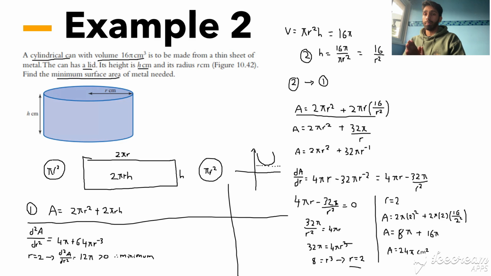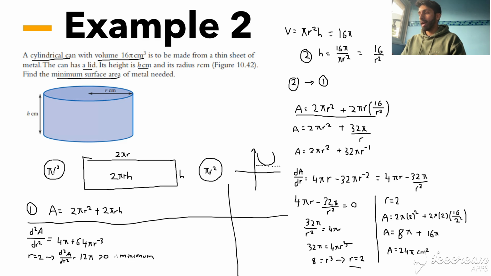I hope this video has been useful. I think applying differentiation is probably one of the trickier parts of maths and what a lot of students struggle with, but it is just practice. I just want to point out that there are a few key steps. It's all about forming 2 equations and usually eliminating a variable, and then working out the differential and making that equal to 0 to work out where the gradient is equal to 0 to find the minimum.